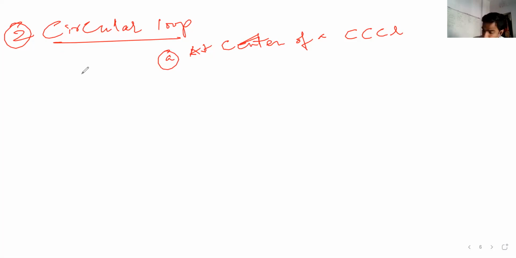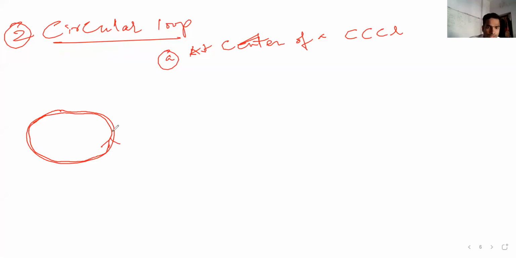So suppose this is my loop, a current carrying circular loop. Now this will produce a magnetic field.